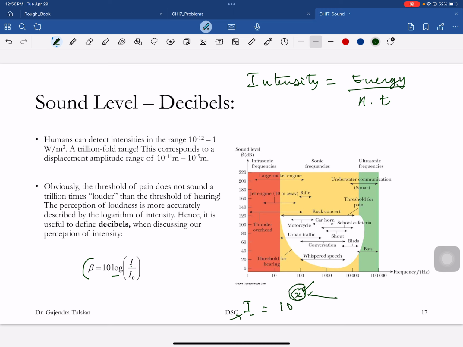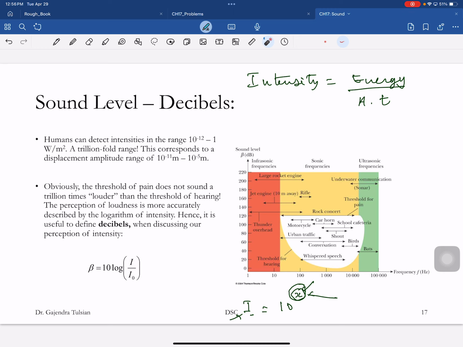So we define the decibel scale as 10 times log of intensity divided by I naught. I naught is the threshold of hearing, the lowest intensity you can hear. When the sound level increases by 10 decibels, the intensity is increased by a factor of 10, and you hear it twice as loud.